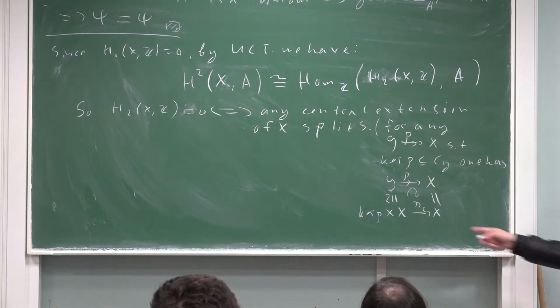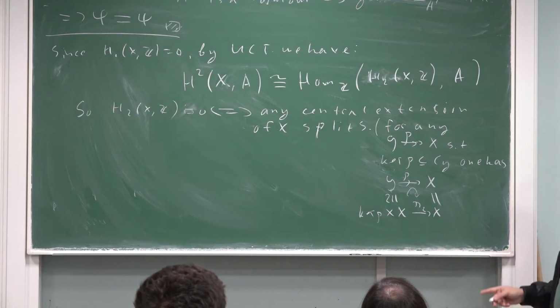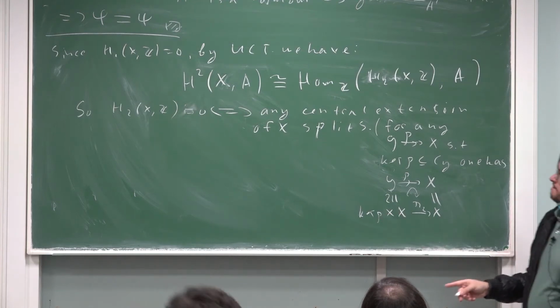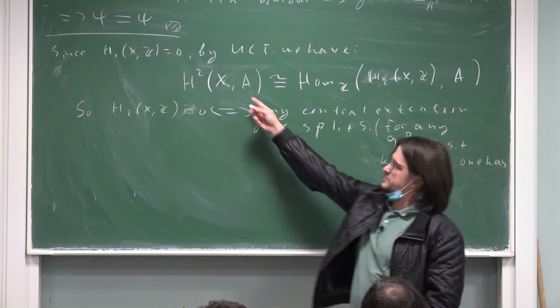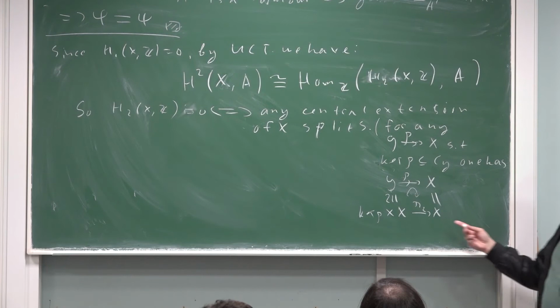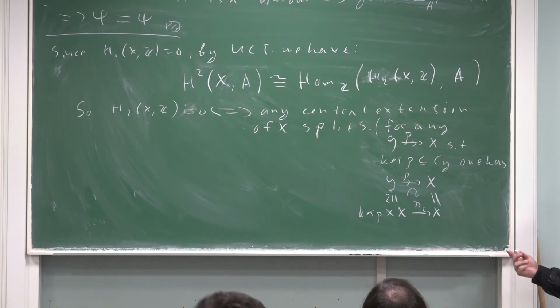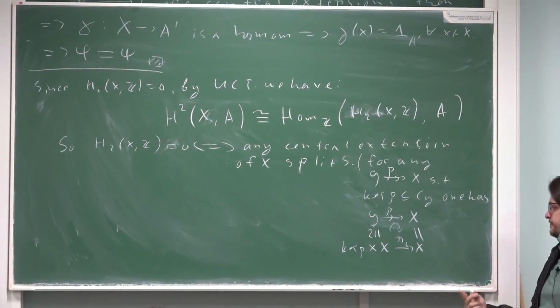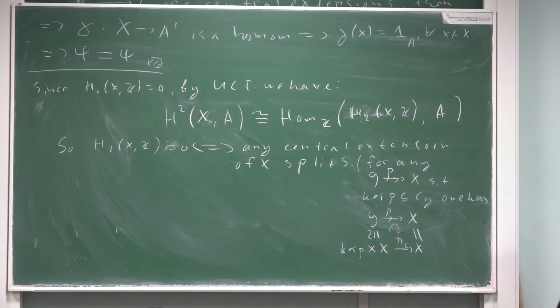Here we have a direct product because if this is 0, this means that it is always a semi-direct product, but since this is a central extension, the action is trivial, so it's simply a direct product. Yes.